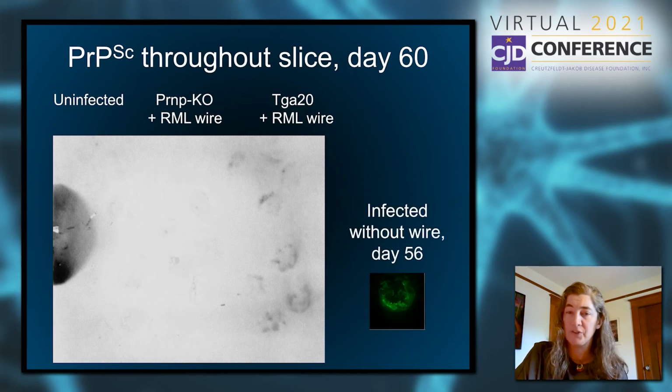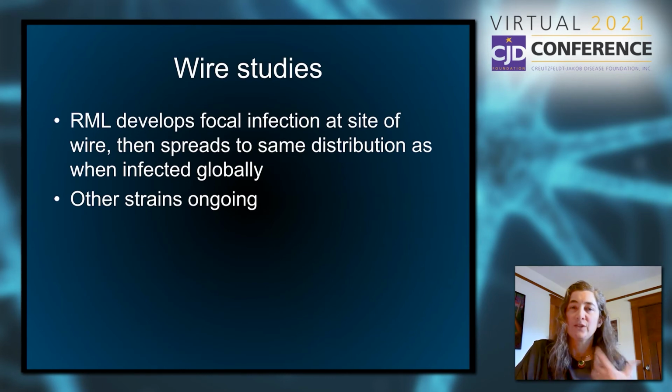So you may recall this is an RML where we infected without the wire, and the histoblot beside it shows infection with the wire, but given time to spread through the whole brain. So we are still doing these studies. We're starting to do other strains now. And it does appear that at the moment, focal infection at given sites still spreads to the same strain distribution.